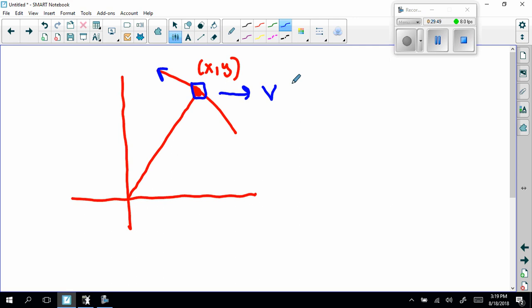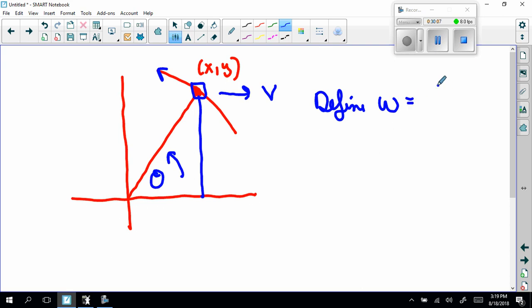Now, since we're on a circle, the angle is also changing, so the angle has a speed. So we're going to define omega, which really looks like a W, to be theta over time, degrees per second or radians per second, as angular velocity.